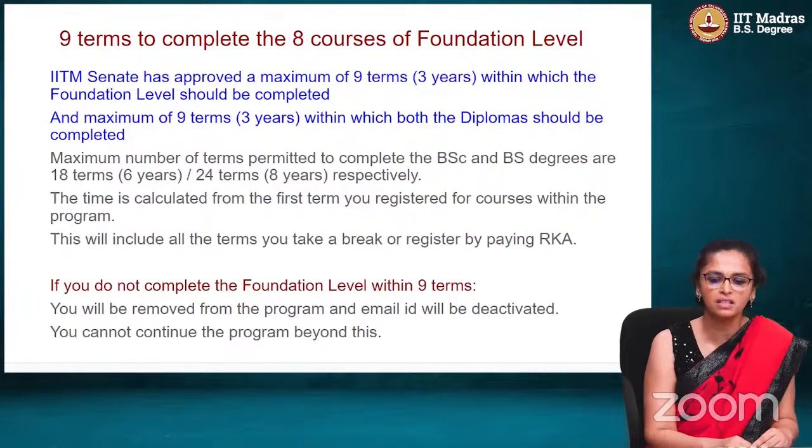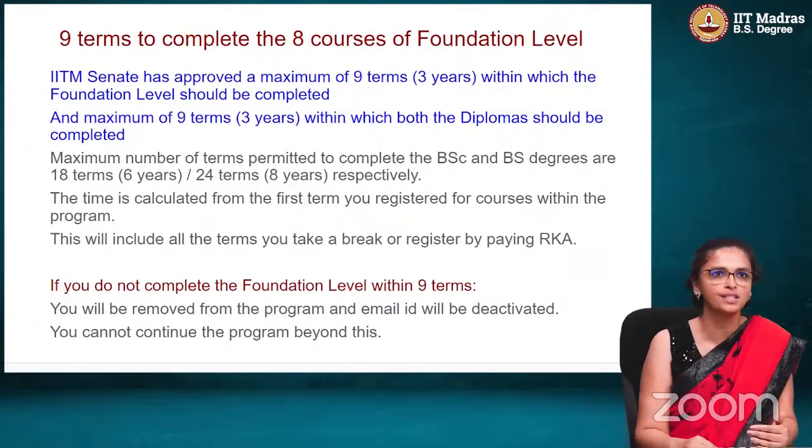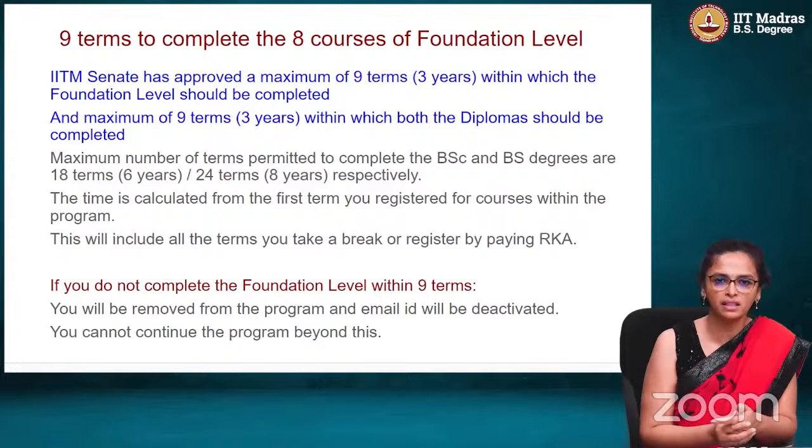So supposing I register in January 2021, right? So Jan 21, May 21, September 21. We run 3 terms a year. So in 2021, it will be counted as 3 terms. In 2022, it will be counted as 3 terms. In 2023, it will be counted as 3 terms.